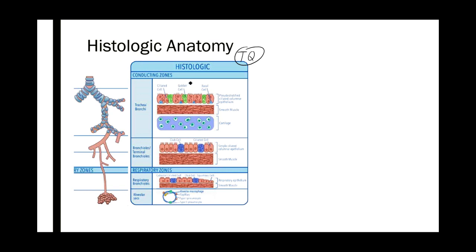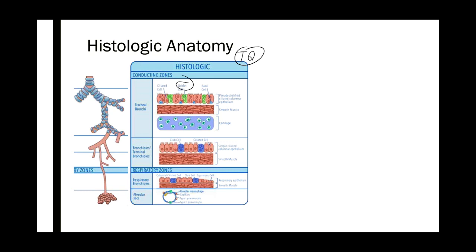These goblet cells right here are important because they secrete mucus, and during chronic bronchitis, especially from smoke irritation, you can get something called goblet cell hyperplasia and/or metaplasia, and that means these are just dividing, and they secrete these thick mucus plugs, and that causes the obstruction in chronic bronchitis, and that's why the people hawk up massive amounts of loogies.